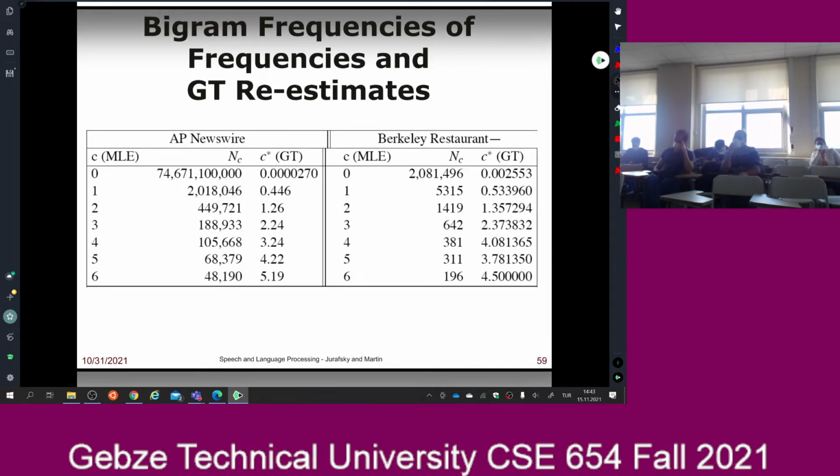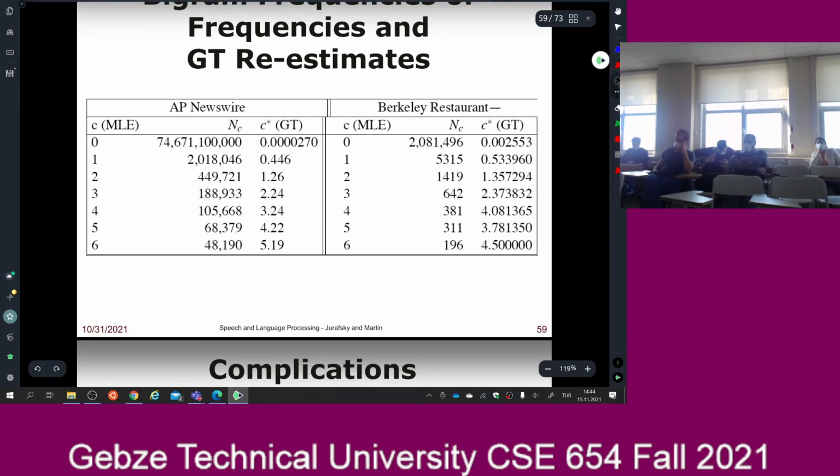So there are a total of about 2 million bigrams available for the Berkeley corpus, maybe 2.1 million, and this one is a total of 75 billion.